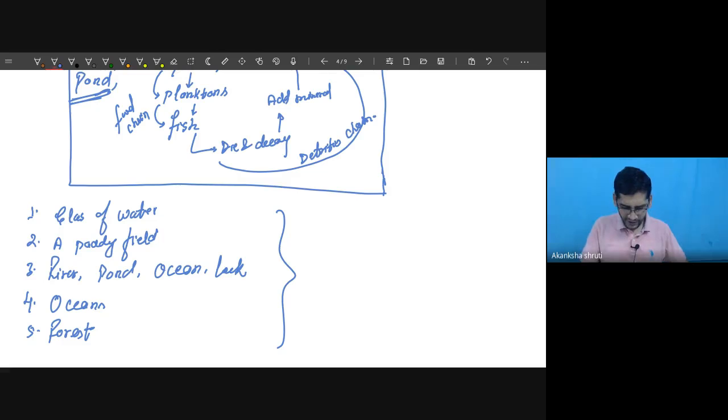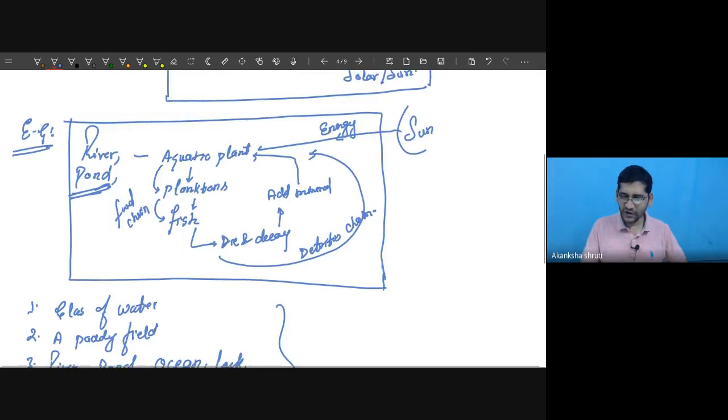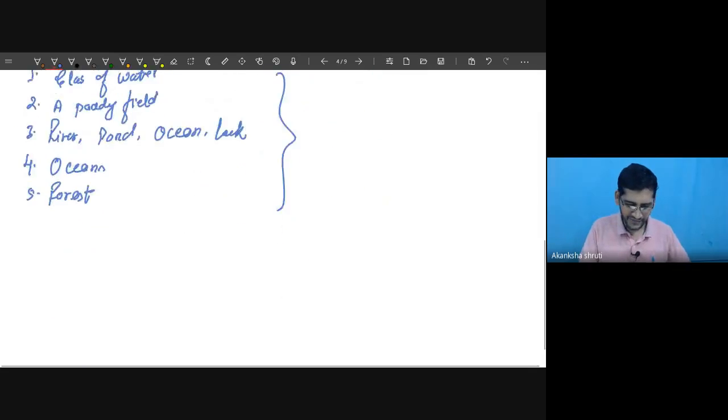So ultimately in any ecosystem, there is always a flow of energy.